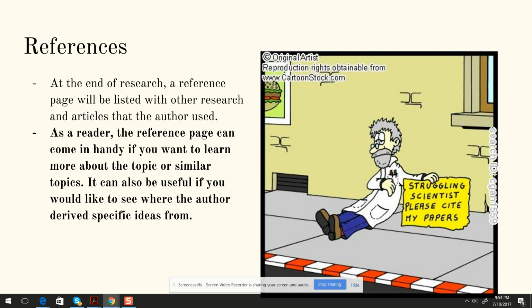Also, if your research requires a whole lot of other research, or if you're writing something and you're having difficulties finding related research, the reference page can be handy. Now, what's most important is that you cite your references and you give credit where credit is due.